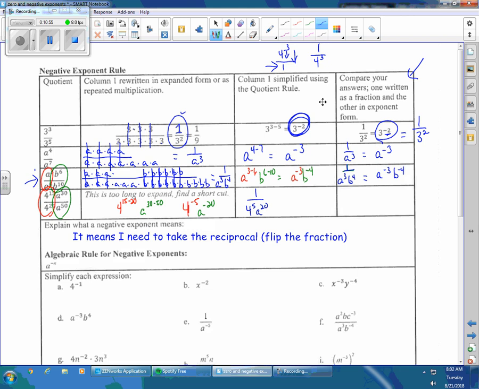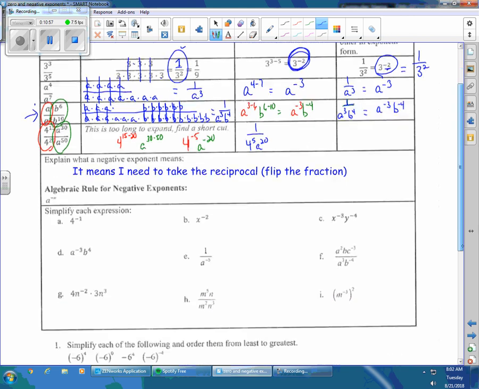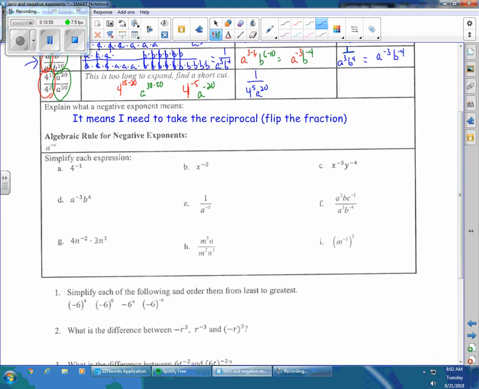So let's take a look at some examples. A, 4 to the negative first power. Again, remember, any whole number you can say is over 1. So if I'm flipping that fraction around, that's going to be equal to 1 over 4 to the first power, or just 1 over 4, because we generally don't write the first power.